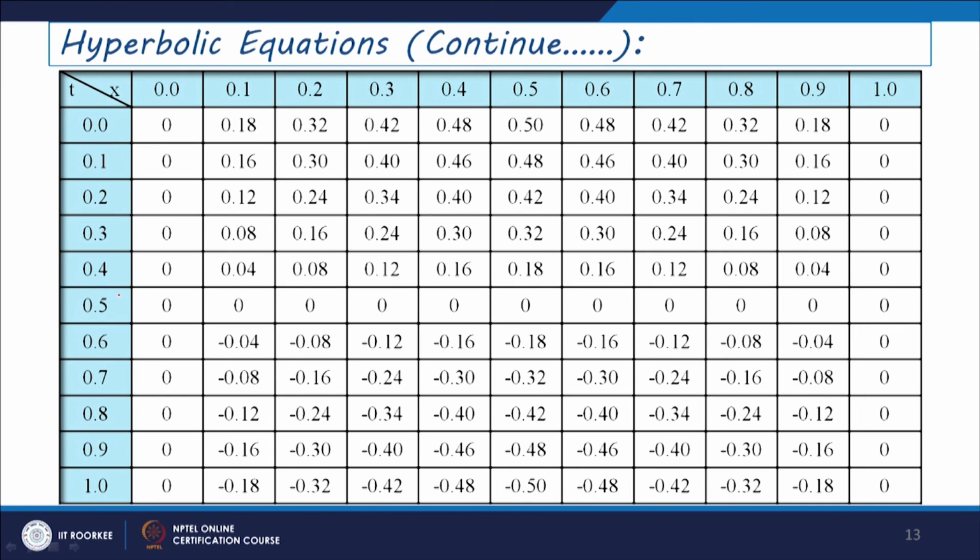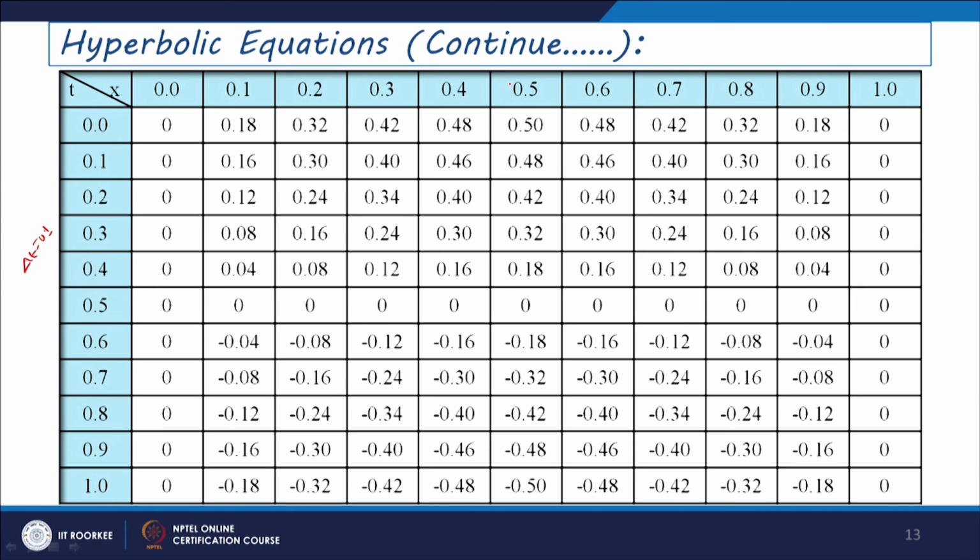And if you go for this computation, the tabulated values can be taken like so. First step, if you just see here, these values are considered at t equals to 0, then 0.1, 0.2, 0.3, 0.4, 0.5, 0.6 up to 1 here, since the increment is taken as del t equals to 0.1.